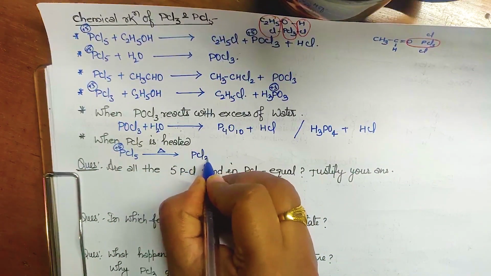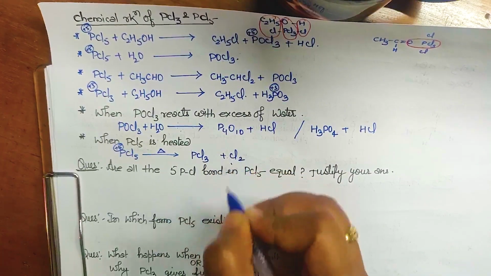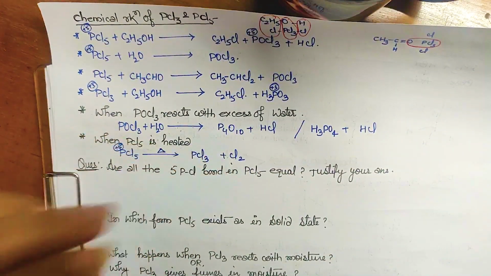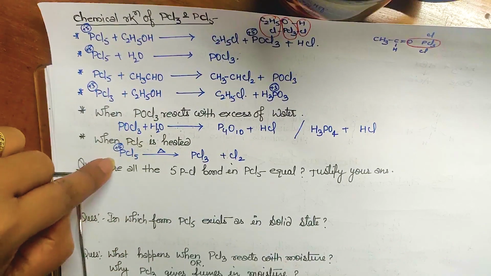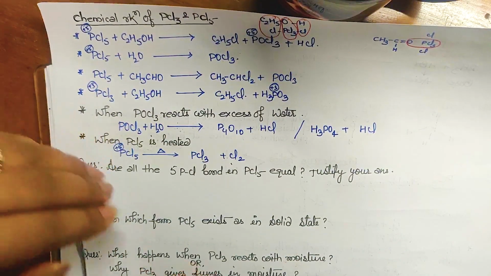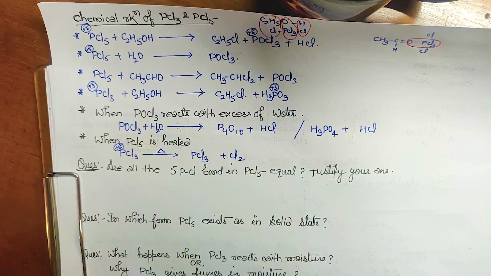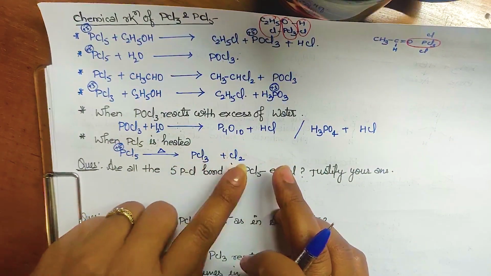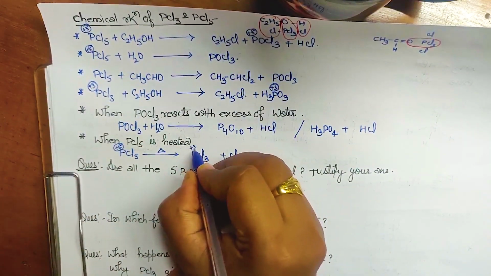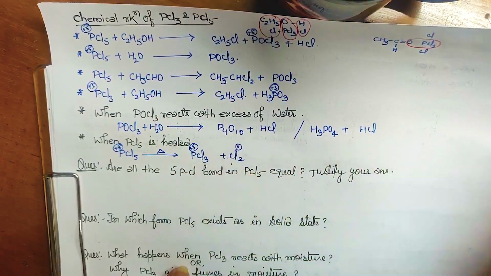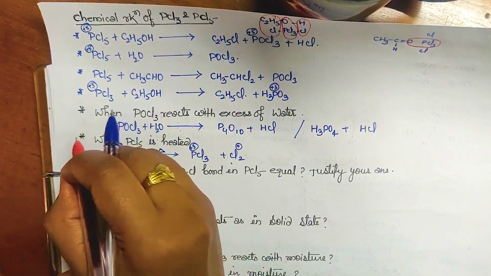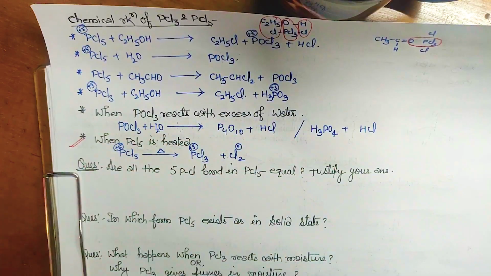This is PCl3 and the other will be Cl2. So now it is a different type of reaction. Okay? The same element undergoes dissociation into two different oxidation states. This is +3 and this is 0. So you can learn this equation, you can understand it and learn it.